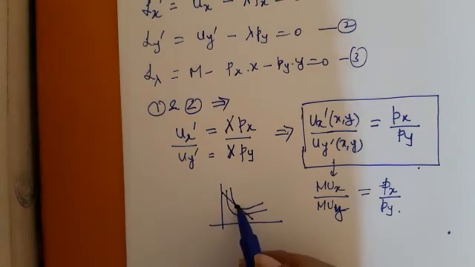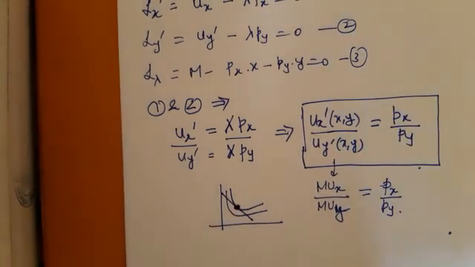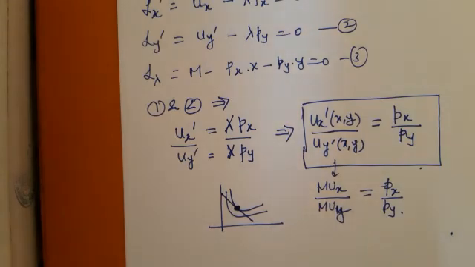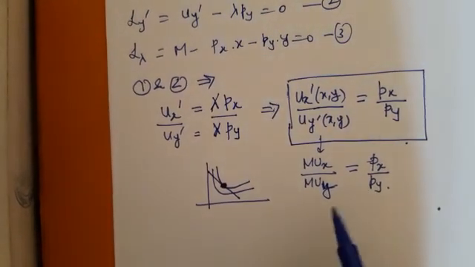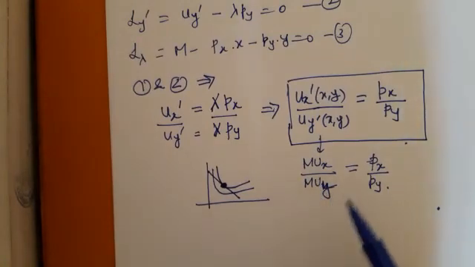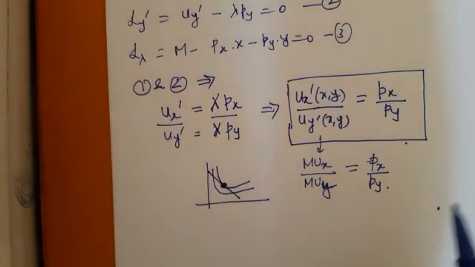So the equilibrium will occur at the tangency point. Okay, so this is where your equilibrium condition starts coming into the picture with respect to economics problems.